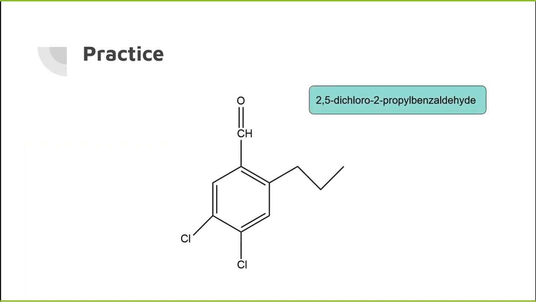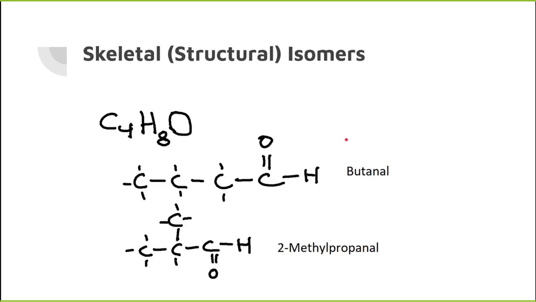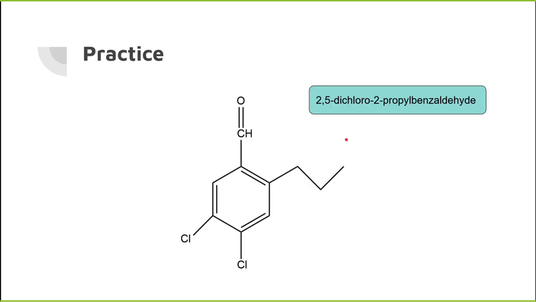Was it this one? I already went back and changed the slides from last week. I think it was this one. I had gone this way around the circle because chlorine was higher alphabetically than propyl. Somebody said, wouldn't you want to go with lower numbers?